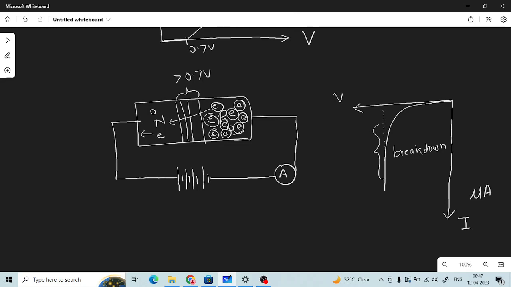We are not increasing any battery voltage. So this is the breakdown voltage, and the current is suddenly increasing. You can see the current was almost zero here, and now it has increased to a large extent. So this is the reverse bias characteristic for the diode.